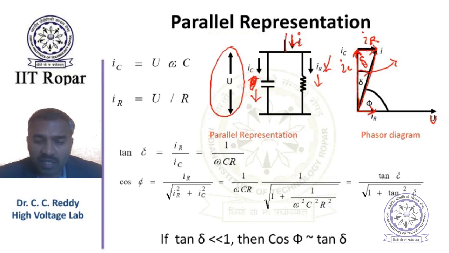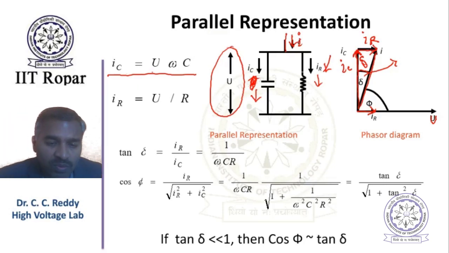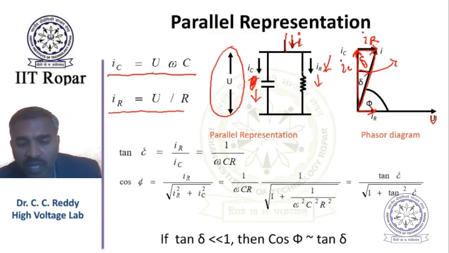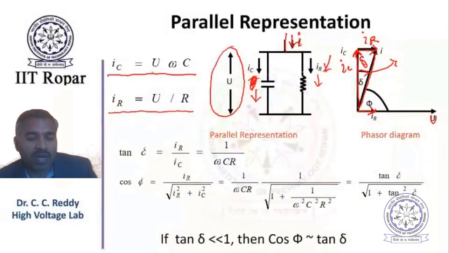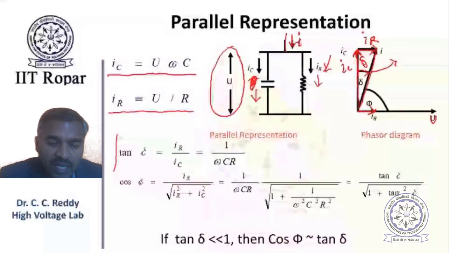Now let us see what these currents are. IC is U divided by 1 by j omega C, which turns out to be U into omega into C in magnitude; of course j will be there in phasor notation. Similarly, IR is U by R, the applied voltage divided by the resistance R. Now tan delta is defined as IR by IC, from this figure.